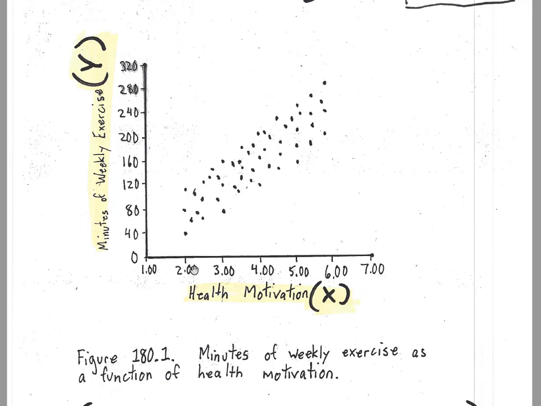Notice in this situation, I can make semi-accurate predictions because I've got a trend here. I have a relatively skinny slanting football. If I've got a slanting football, the skinnier the football is, the more accurate my predictions are going to be.